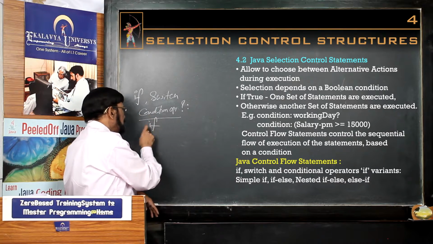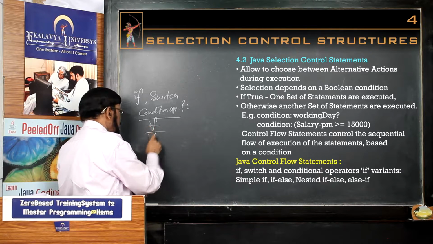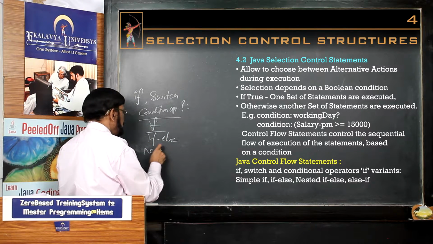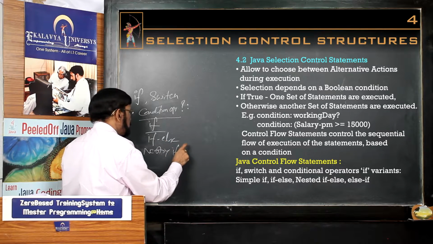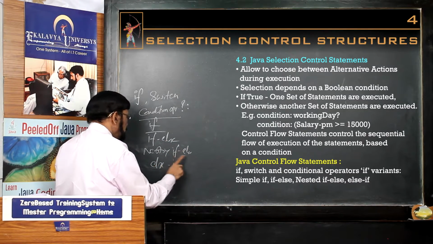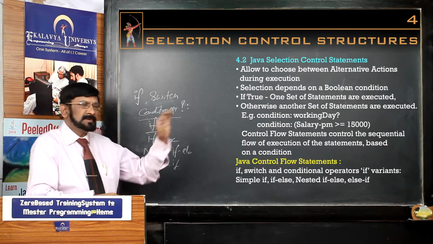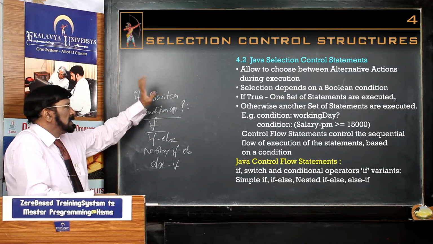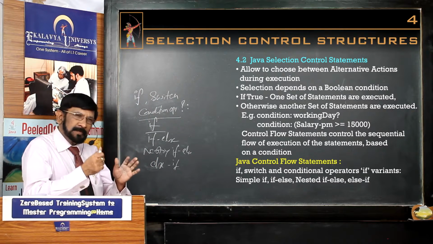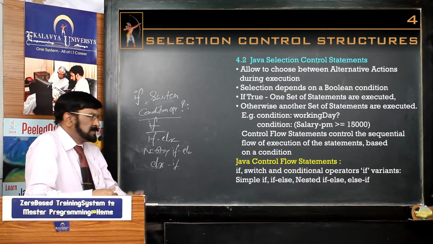In if, there are some variants: if, else, nesting of if, else, and else if. These are variants, and we must master each and every selection statement, because each is aptly suitable in a particular situation.